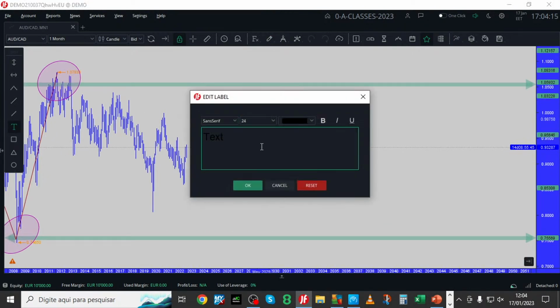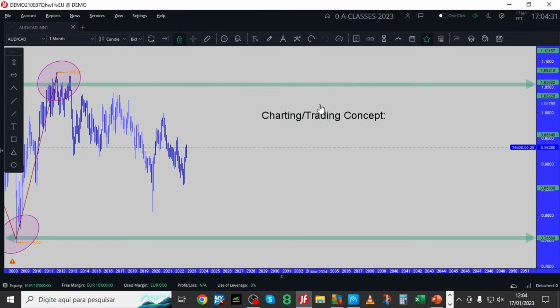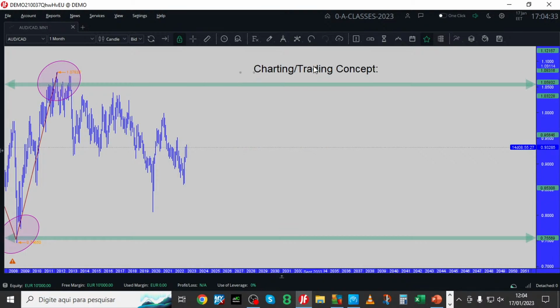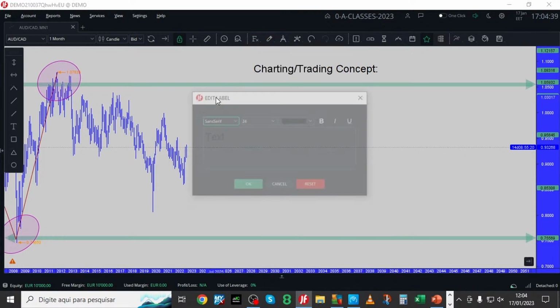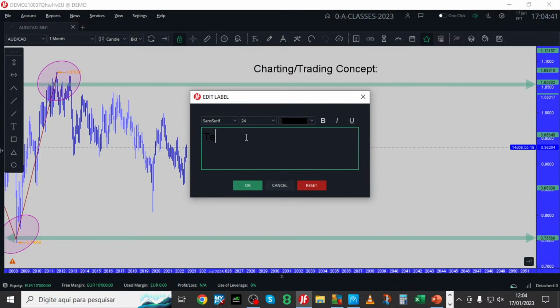Okay, this is a charting slash trading concept, everybody. Highs and lows. Now, what is a low, right?